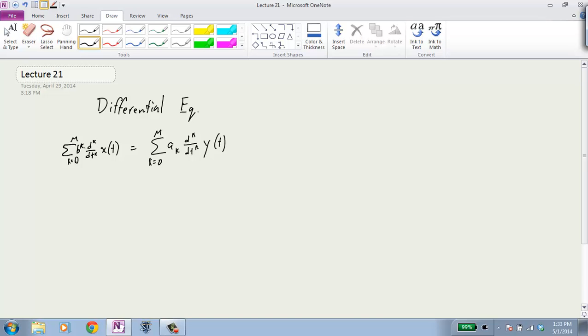And we saw that this constant coefficient linear differential equation can be solved easily by doing a Laplace transform on both sides. And we immediately get knowledge about the frequency domain of this signal. Derivatives become s to the k.